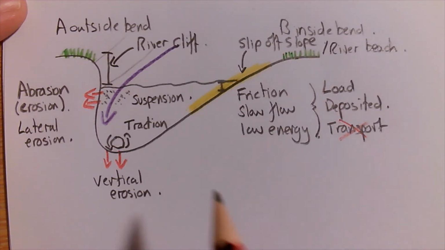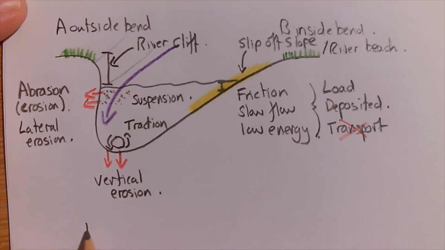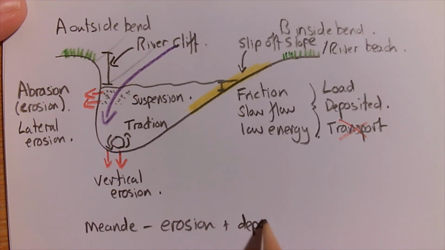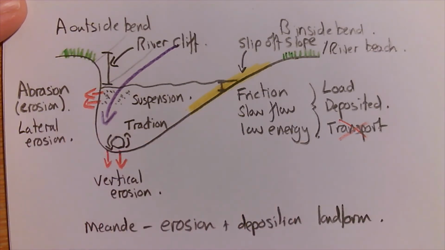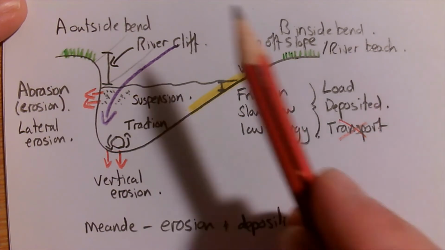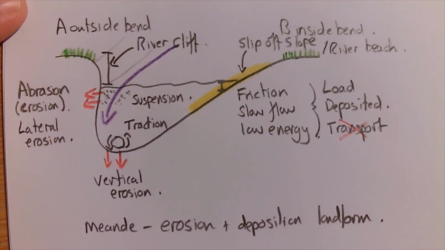So in this way, we can say that a meander bend is both an erosion and a deposition landform. Both processes are working on the meander, the erosion on the outside, the deposition on the inside. Now this diagram is really helpful for you to have a full understanding of how a meander works.